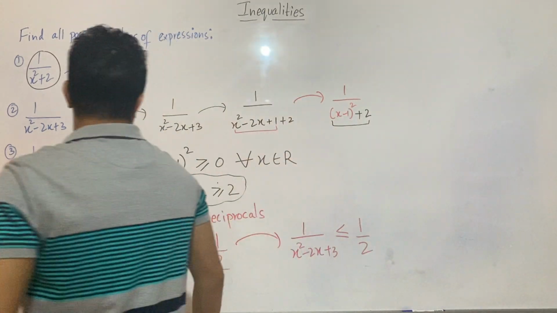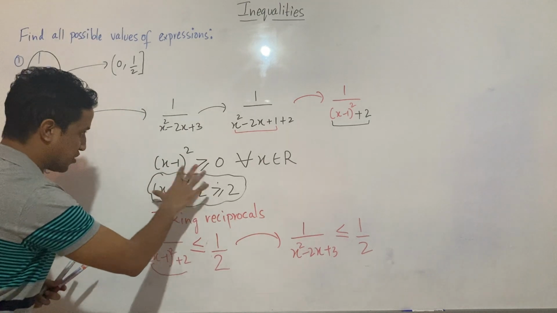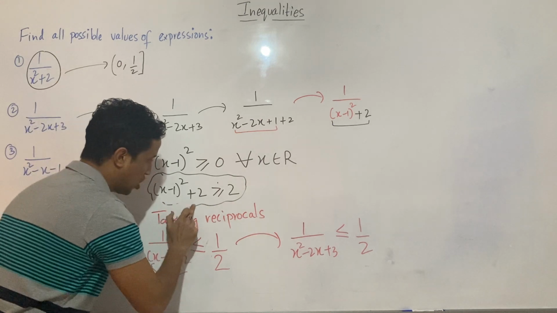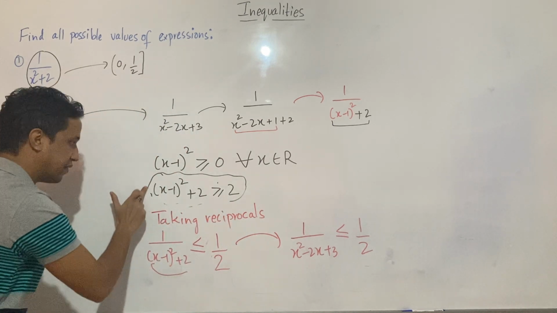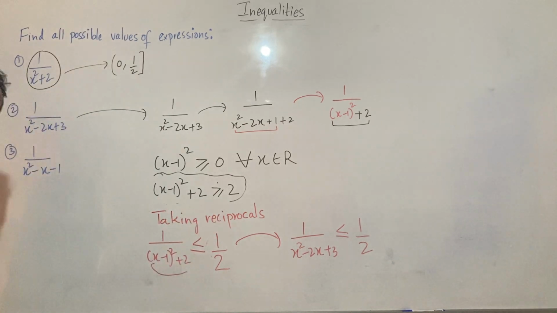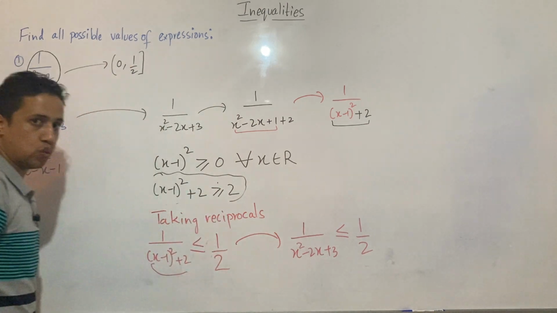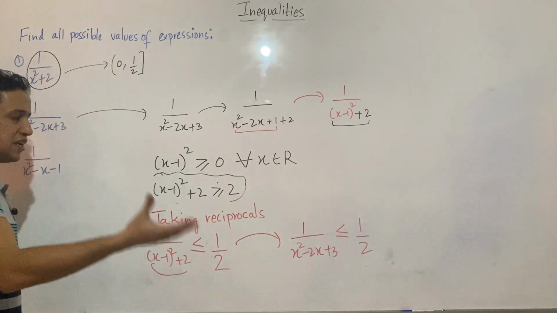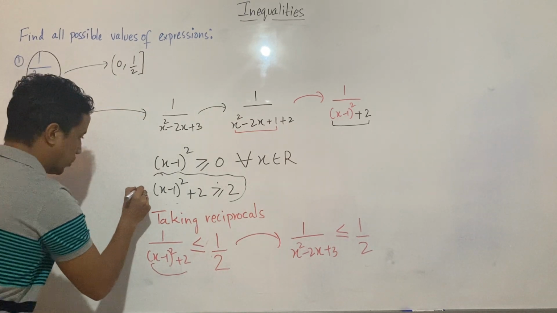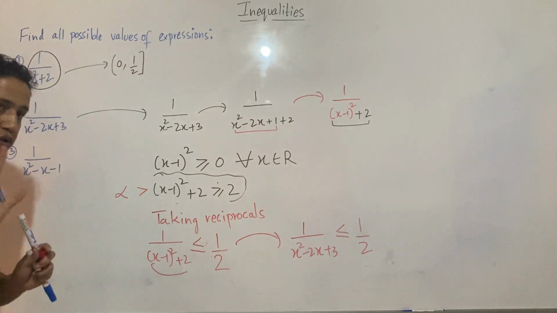Now, if we come back here, it says that this thing will always have a value greater than or equal to 2. So it means that the minimum value is 2 and the maximum it can go is plus infinity, right? I hope you agree with me.